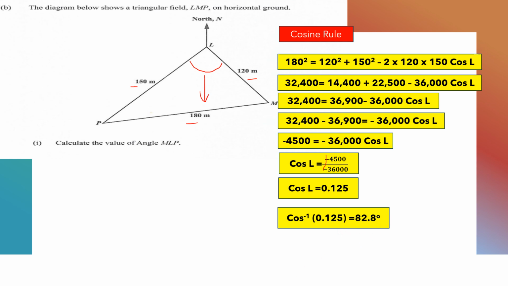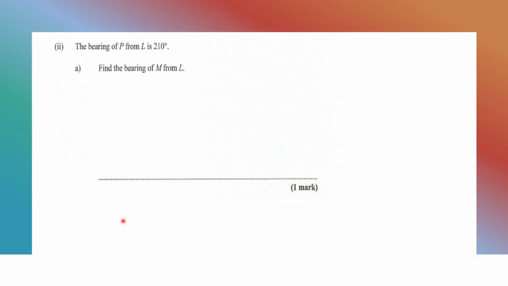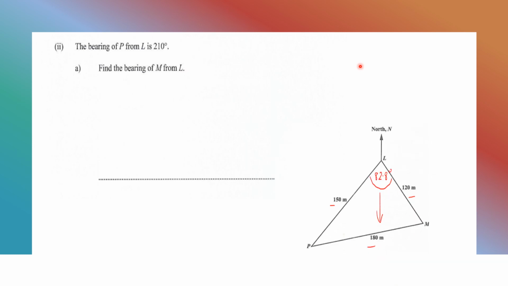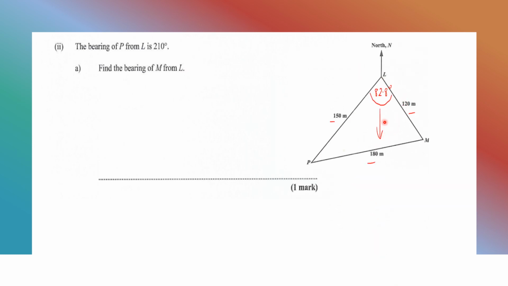So this angle here is 82.8 degrees. Part 2, the bearing of P from L is 210 degrees. Find the bearing of M from L. So let's look at what we were able to work out from the previous question.